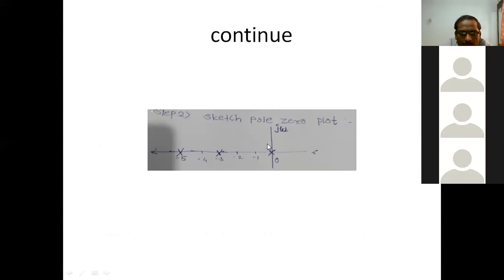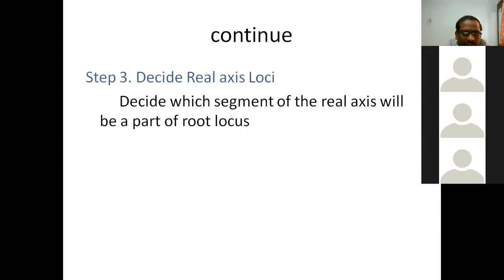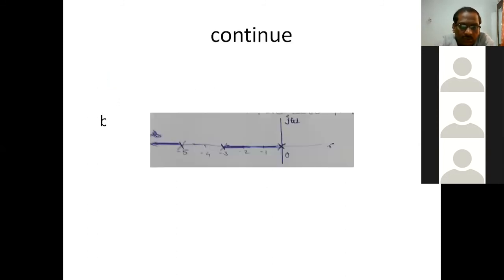Once you have this pole-zero plot, the next step is what? We need to decide the real axis loci. Now in this step, we need to decide which part or segment of the real axis will lie on root locus. In order to decide which part of the real axis is available on root locus, we have a rule.